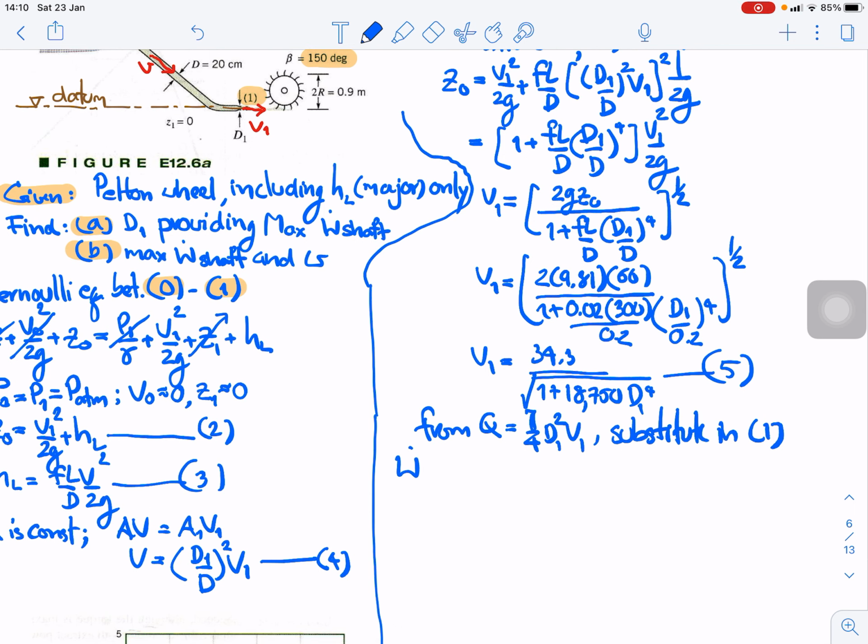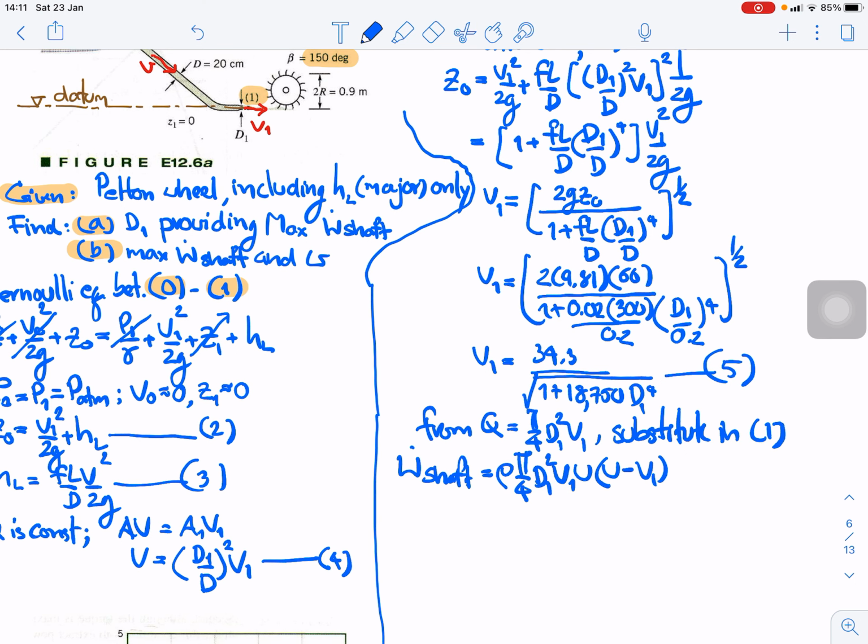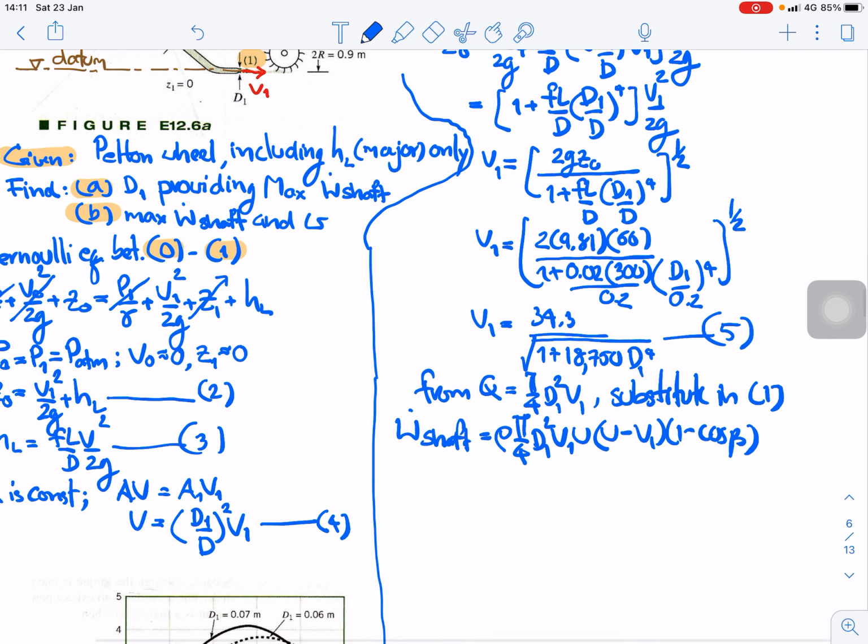So we got the power equal to rho pi over 4 D1 squared, V1, U minus V1. Substitute numbers in this equation.